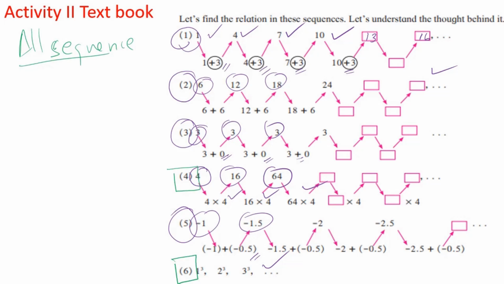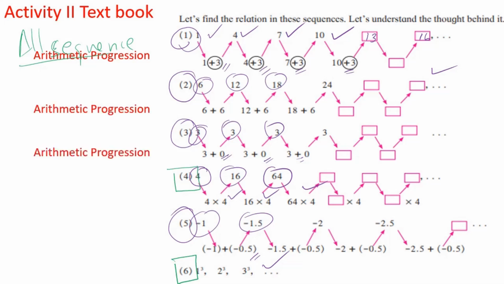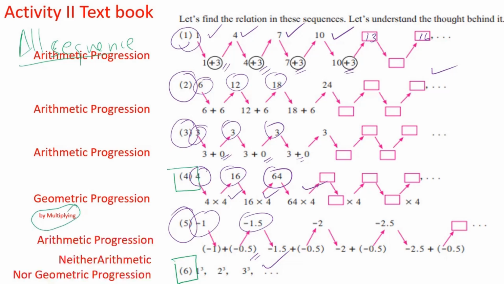If we predict the next number by addition or subtraction, we call it an arithmetic progression. So the first one is arithmetic, second one is arithmetic, third one is arithmetic, but the fourth one, which we get by doing multiplication, we call a geometric progression. The fifth one is again arithmetic, but the last one is neither arithmetic nor geometric. You will study about it later.